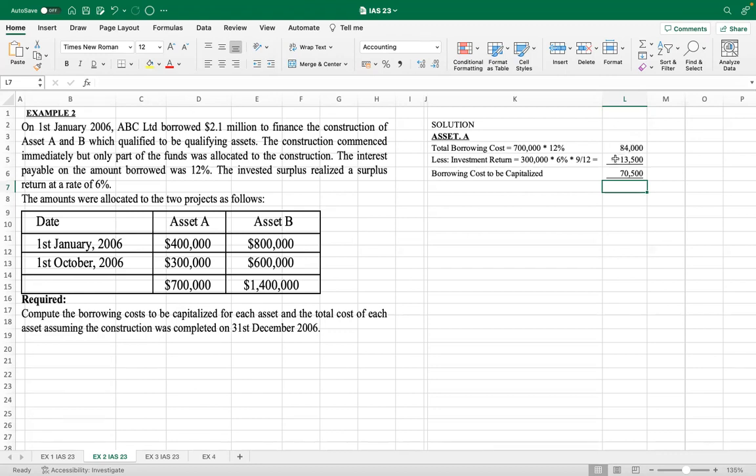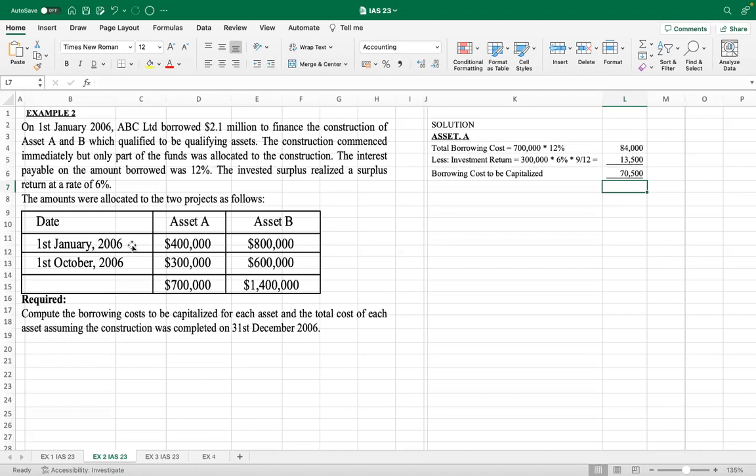Out of the 84,000, we made some investment, and we said any investment return should reduce the amount to be capitalized. The 300,000 was not being used immediately, was not being used on 1st January. It was being used from 1st October until December.